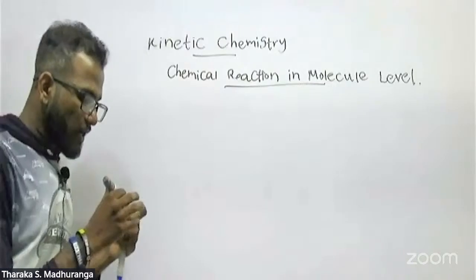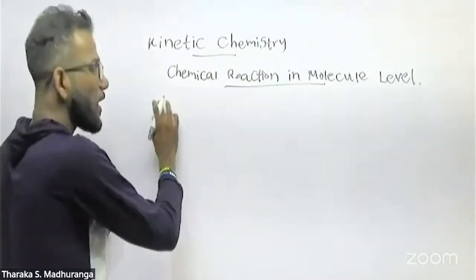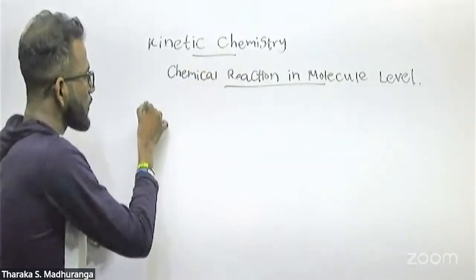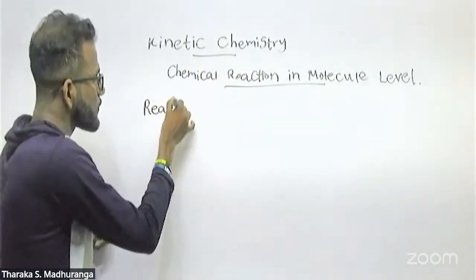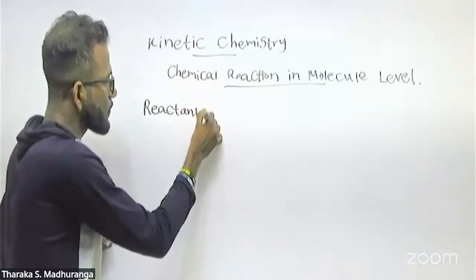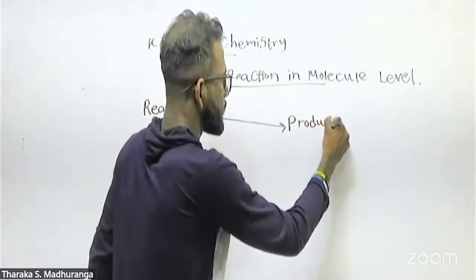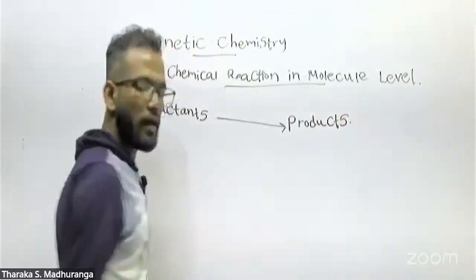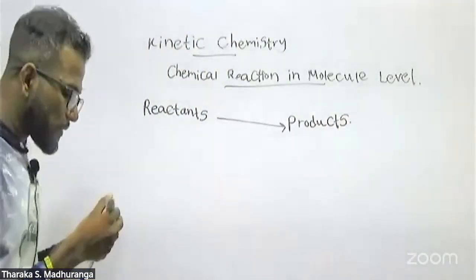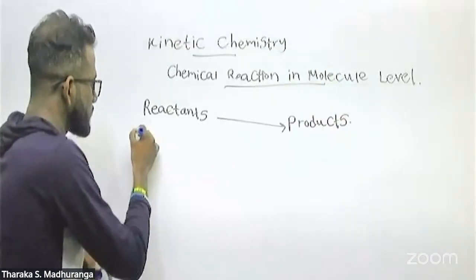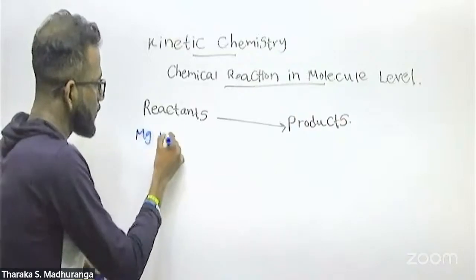Okay, in this reaction, first I will explain the chemical reaction. It means reactants convert into products. We'll take our previous example again, magnesium and HCl reaction.